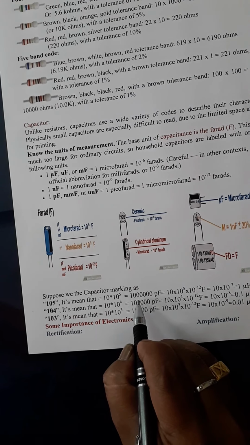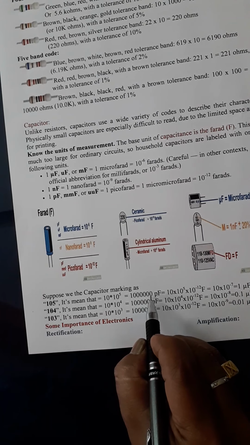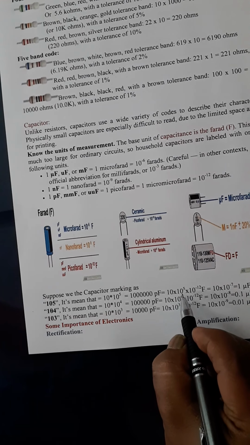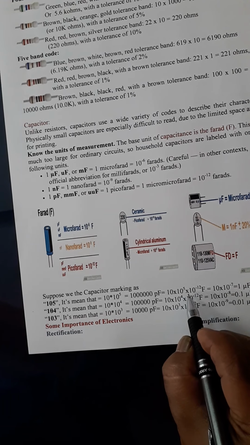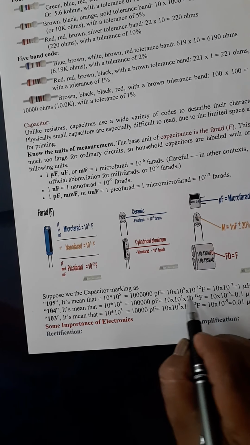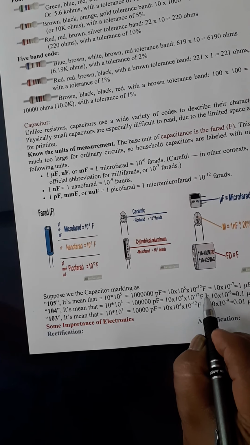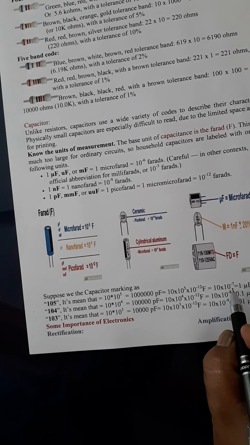So this becomes 1,000,000 picofarad, or 10 into 10 to the power of 5 picofarad. A picofarad is 10 to the power of minus 12 farad. So 10 into 10 to the power of 5 into 10 to the power of minus 12 farad is nothing but 10 into 10 to the power of minus 7 farad.